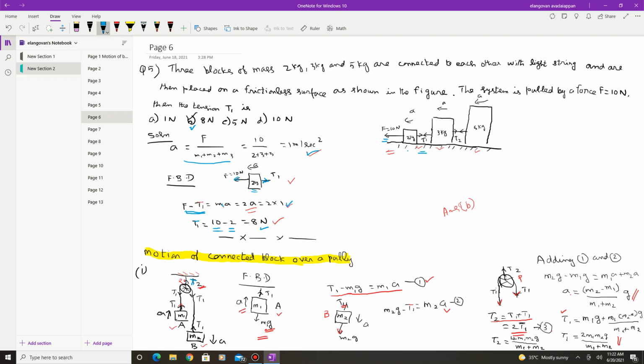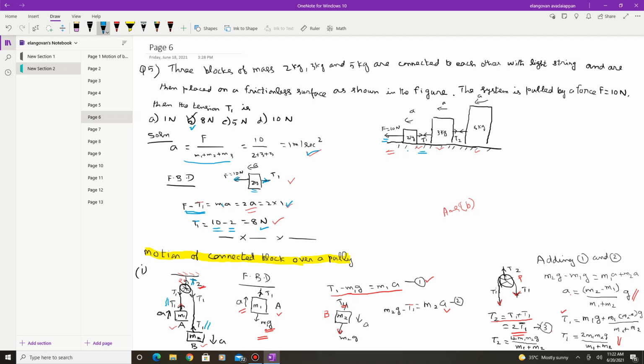If you consider the same string, the tension forces acting on the string are equal. Therefore the tension acting on the string on the left side of the pulley is the same as the tension acting on the right side. If you consider block B of mass M2, then again the tension is T1. So this is T1 and T1.